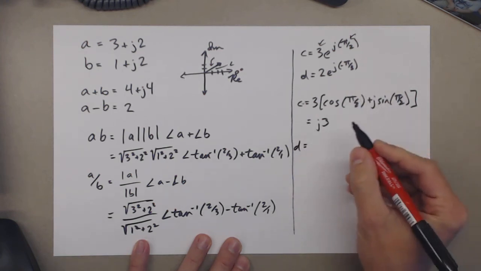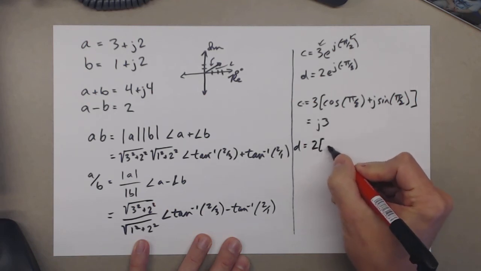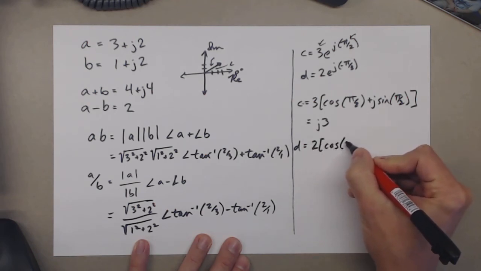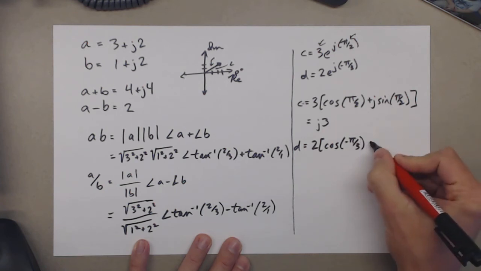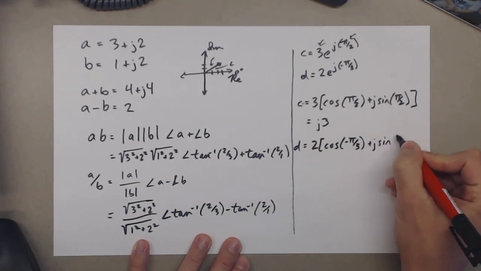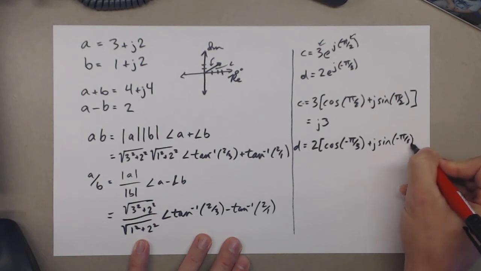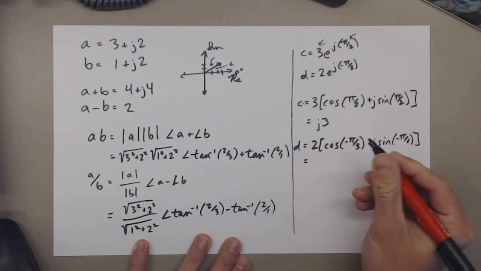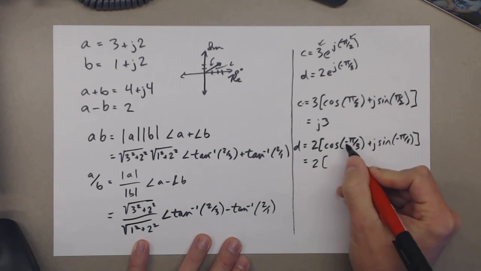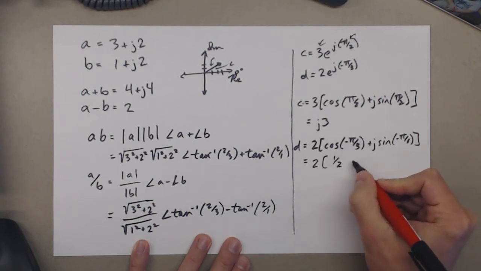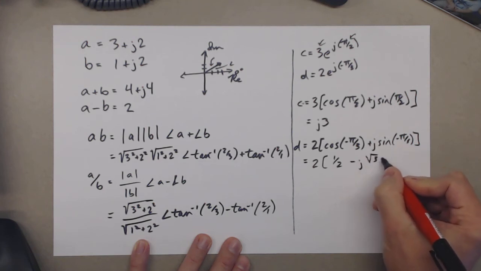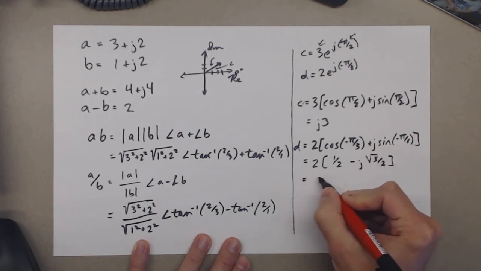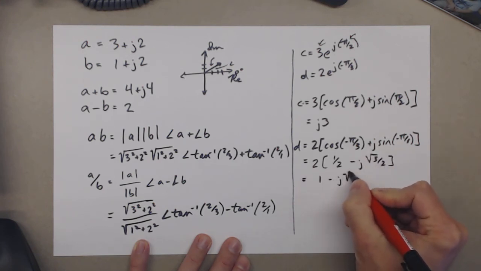So for d, we end up with 2 times cosine of minus pi over 3 plus j sine of minus pi over 3. 2 times cosine of minus pi over 3 is 1, and 2 times sine of minus pi over 3 is minus root 3. So we end up with 1 minus j times root 3.